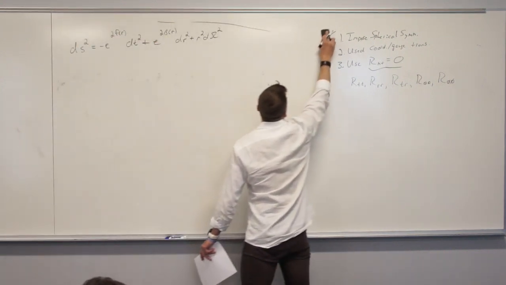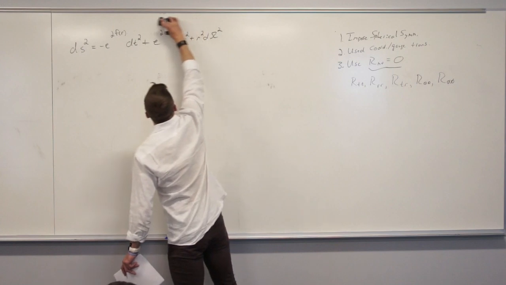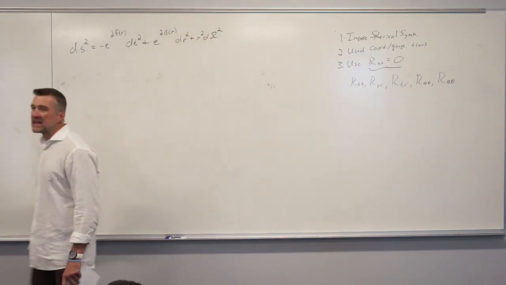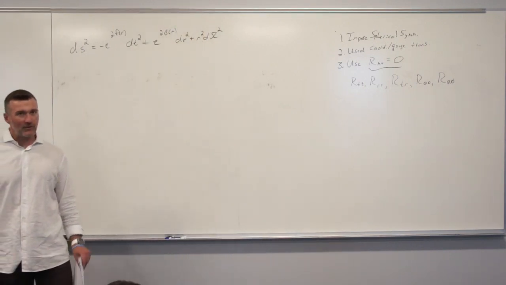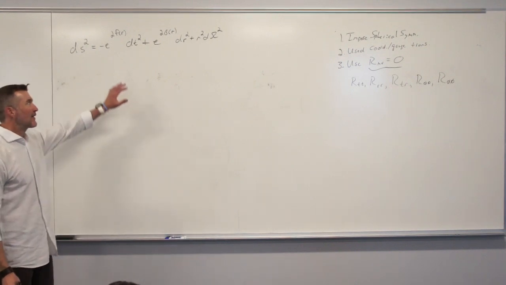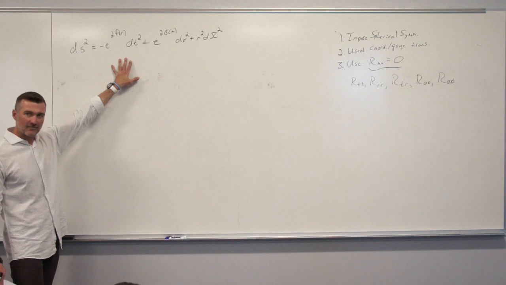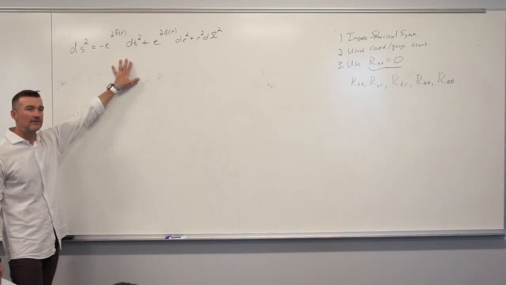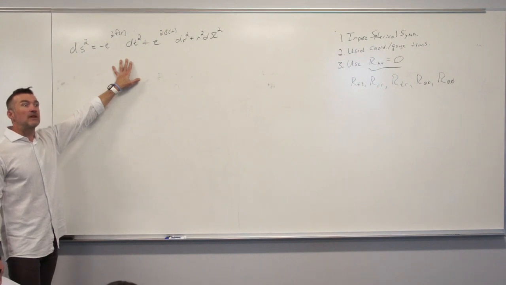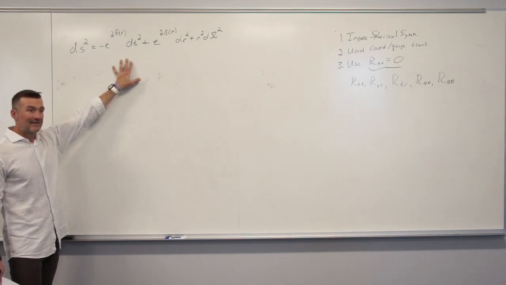Okay, now I want you to take a moment in time to appreciate a very interesting feature of this metric. Come on. Everything's dependent on only r. Yes! In particular, it does not depend on t.